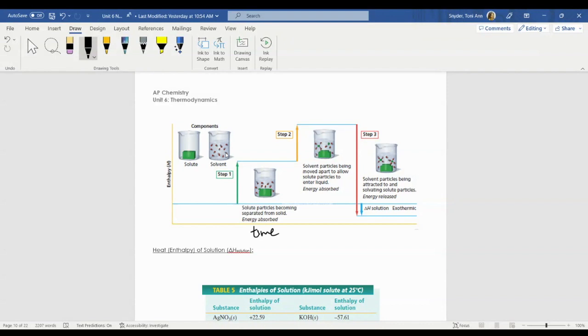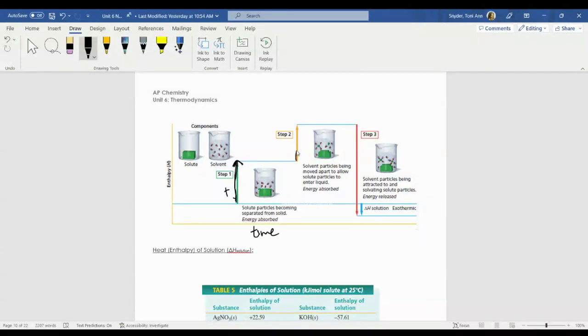I put the solute into the solvent. First thing that happens, the solute particles have to separate from the solid. I have to break some ionic bonds here. This is requiring energy. So we'll notice that my enthalpy is increasing. Okay, energy, this is a positive value for enthalpy going up, step 1.